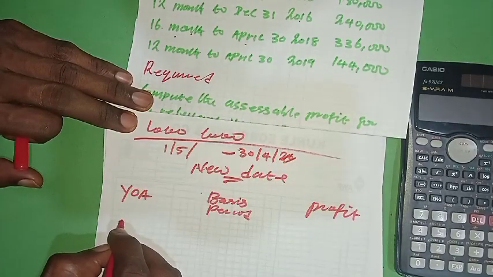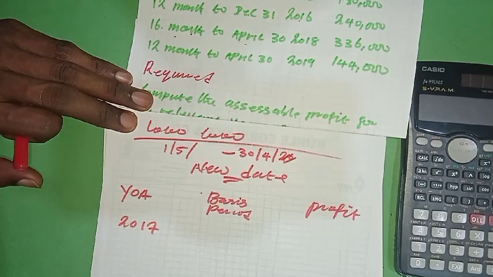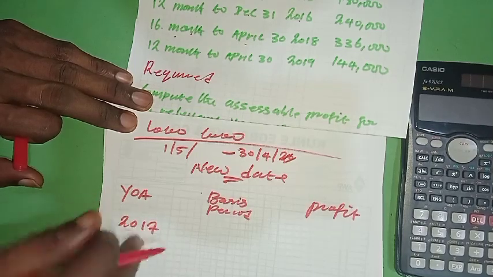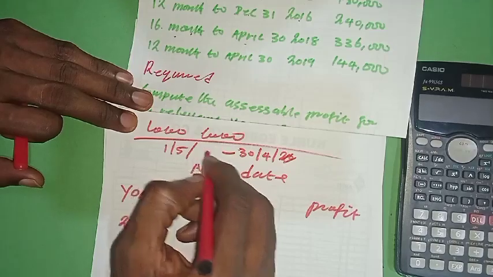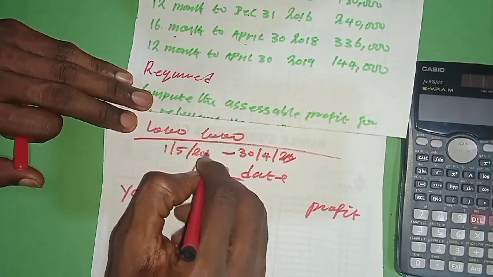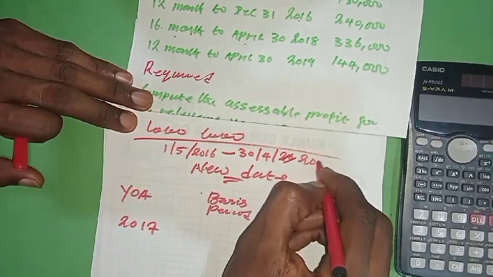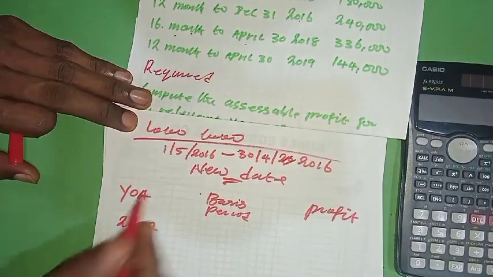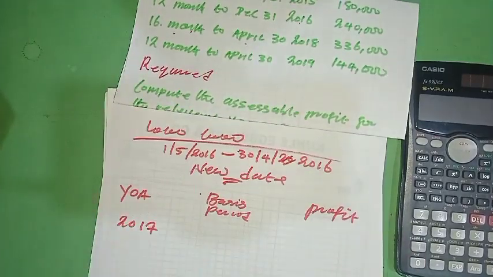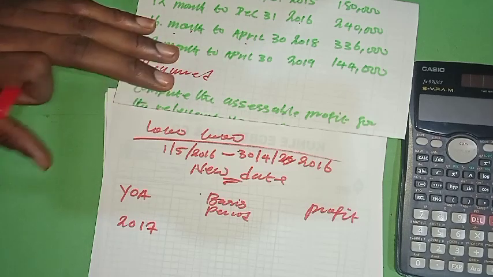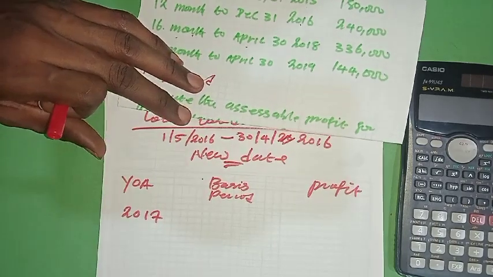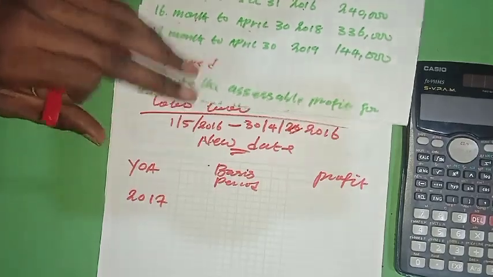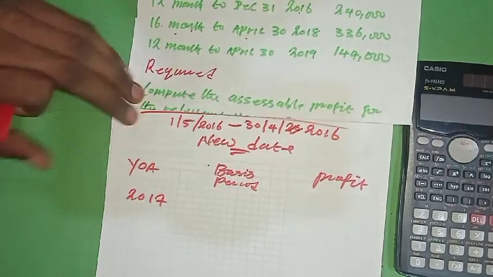The change of year is 2017. So 217 will now assess 216. There you come here and put 216. So this is your new date. Hope that is okay. Good. If there's any question, don't fear to put it on the comment section. Let me respond to it.